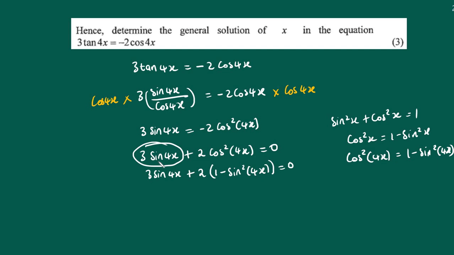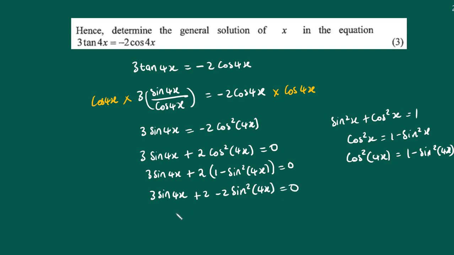It's like when I have cos 2x, I change it to the one with sine because I will have sine x somewhere. But it's always guided by what you have. So in this case, you're going to have now minus 2, and then minus 2 sine squared 4x.